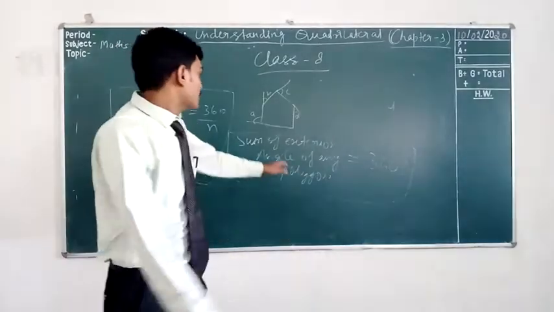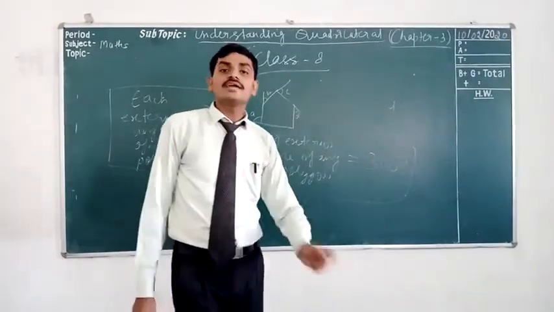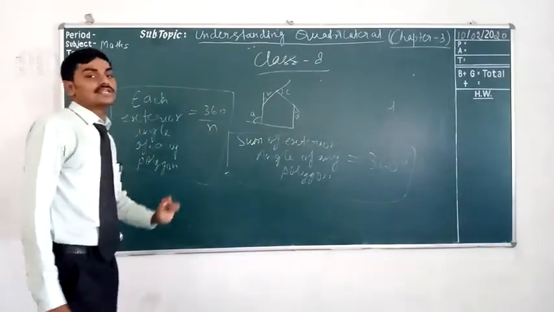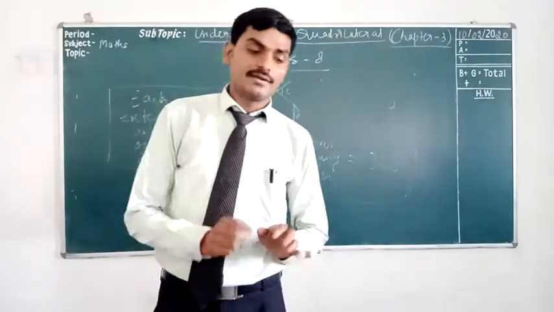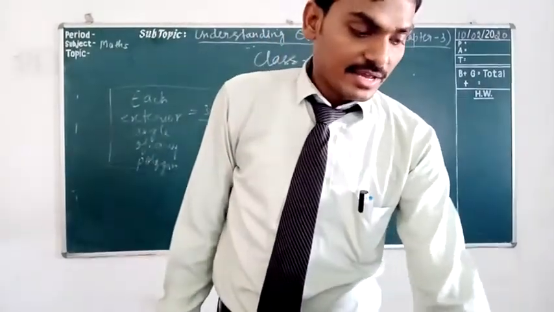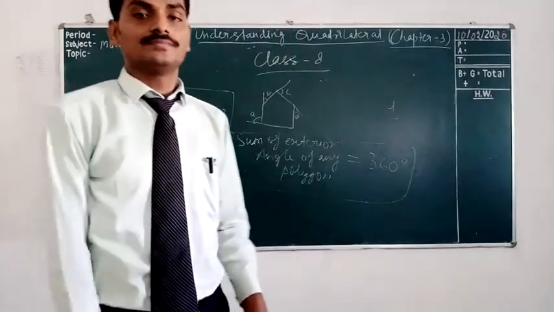That is, the sum of exterior angles of any polygon is equal to 360 degrees, and each exterior angle of any polygon is equal to 360 by n. This is the formula to find each exterior angle of any polygon.